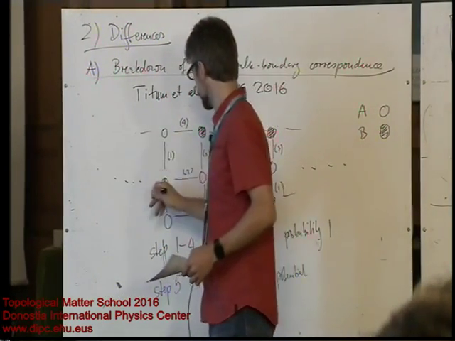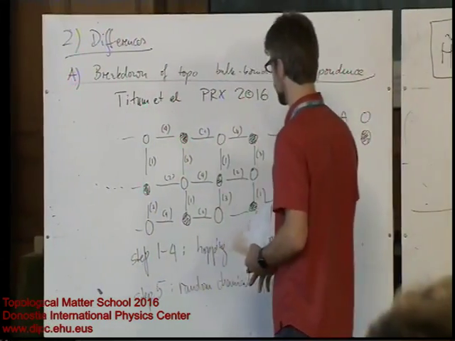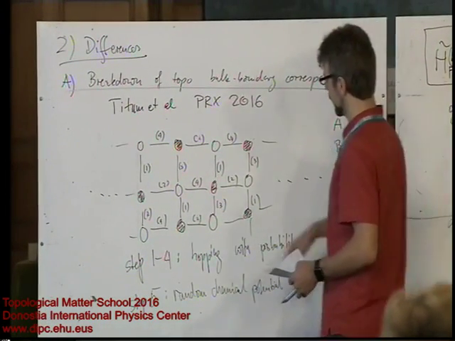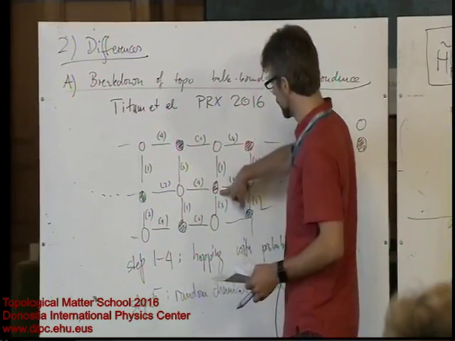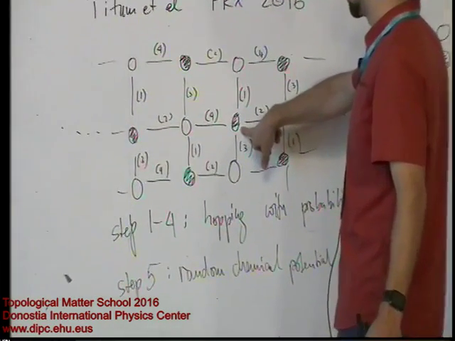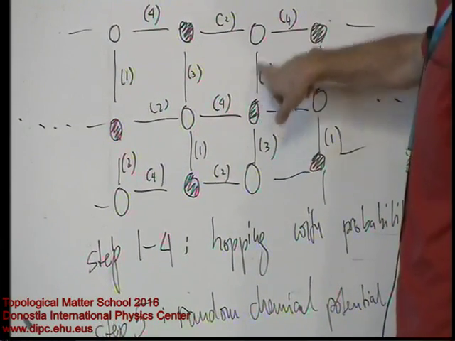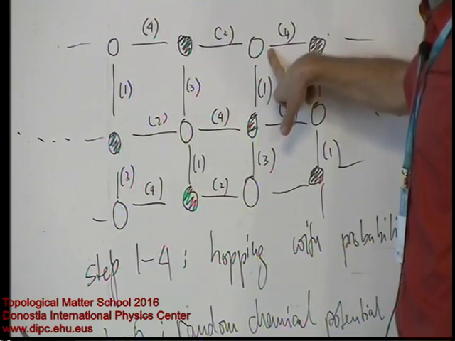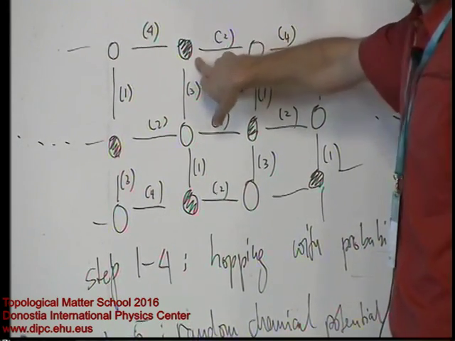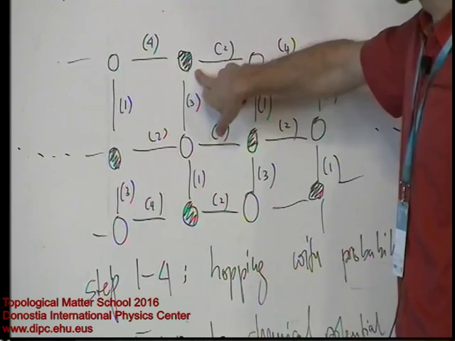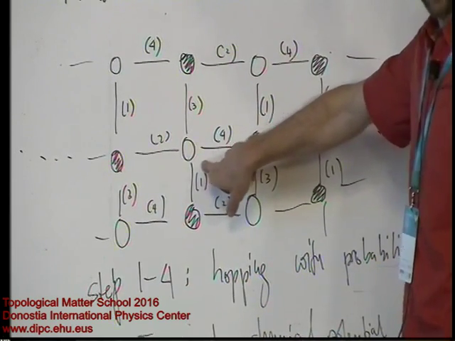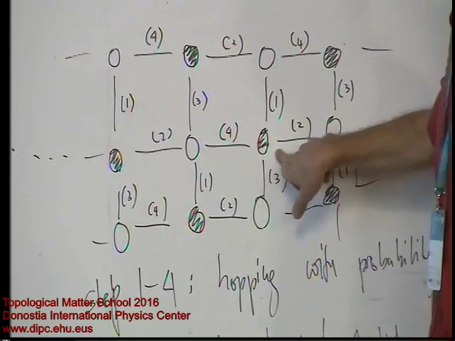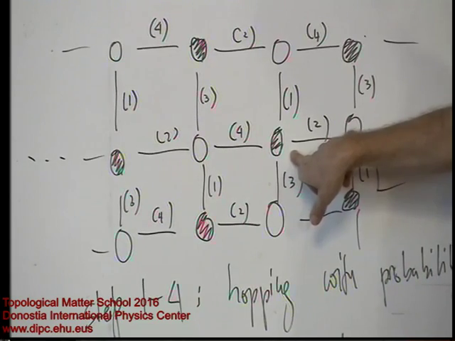When I am an electron sitting on any given site, let's say I sit here. Then in the first step, I hop upwards with probability 1. In the second step, I hop over there with probability 1. In the third step, I go down. In the fourth step, I go right, and I stop where I started from.